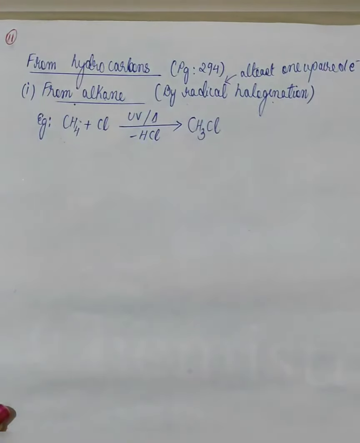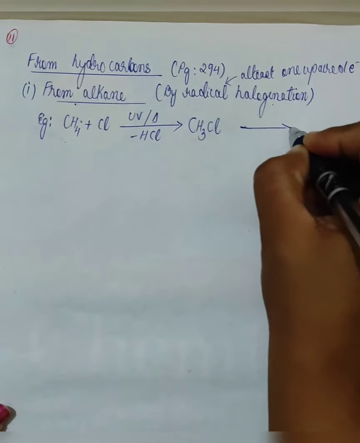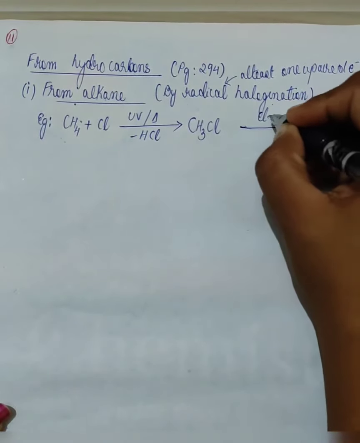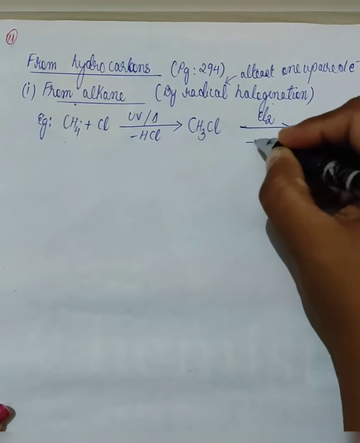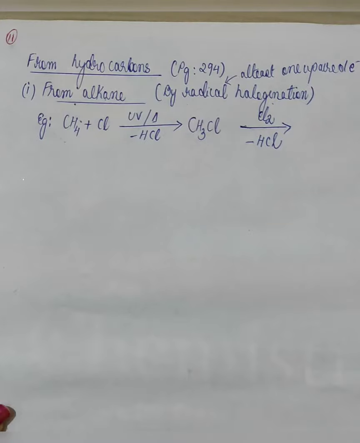This reaction is such that it keeps on continuing until all the hydrogen atoms are replaced by a chlorine atom. Now here, this will undergo further reaction. More chlorine, more moles of HCl will be given out. It will continue in this whole reaction.